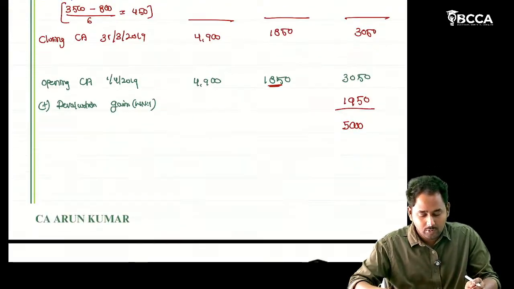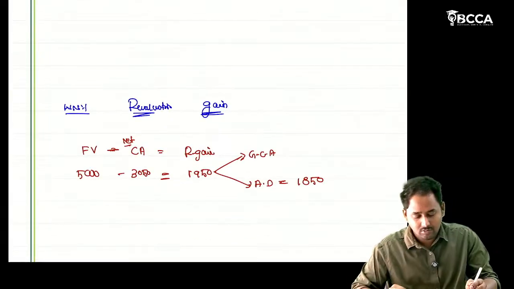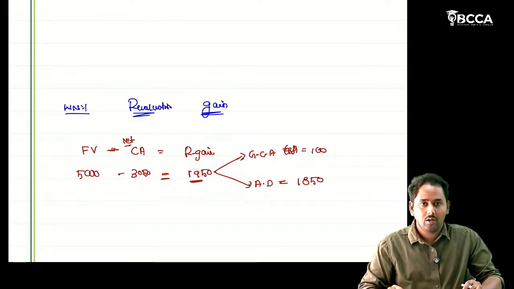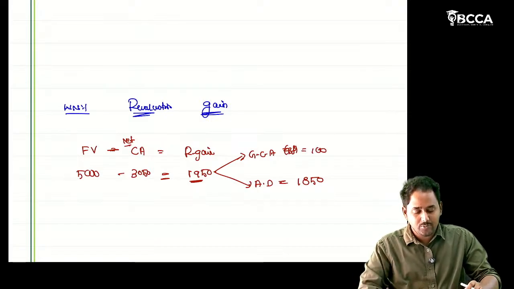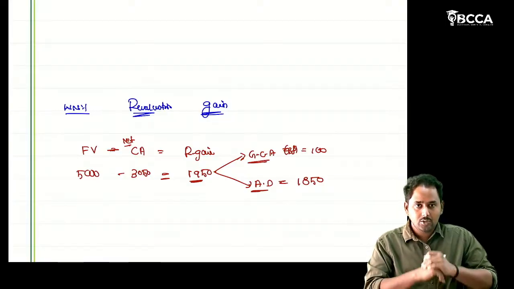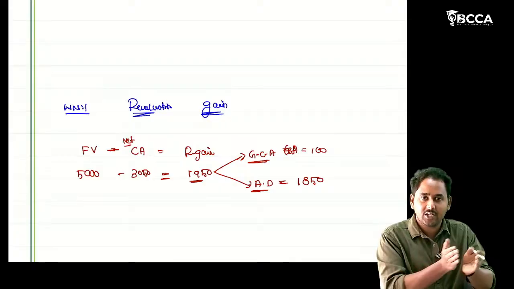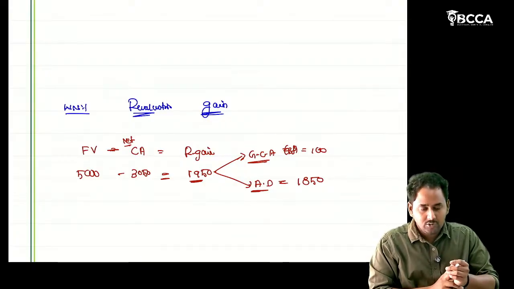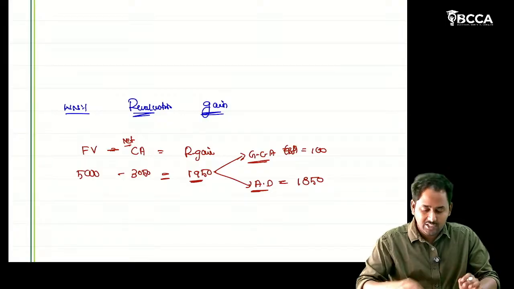Next, what is the remaining balance? The balancing figure is 100. This revaluation gain is allocated between gross carrying amount and accumulated depreciation, so the approach is elimination of the accumulated depreciation. There are two approaches. If you say, sir, I don't want to follow this, there is another approach also.